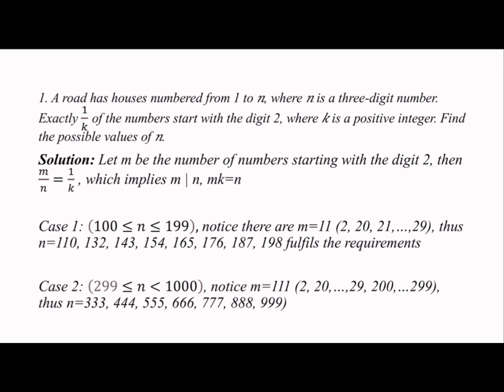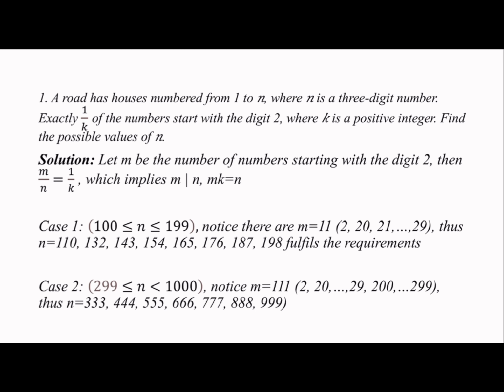Adding them together, we have m equals 111. And no matter how much you increase n, let's say 300, 301, 402, 506, etc., there will always be only 111 numbers starting with the digit 2. So n must be a multiple of m, so we have n equals 333, 444, and so on to 999.